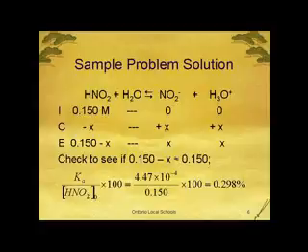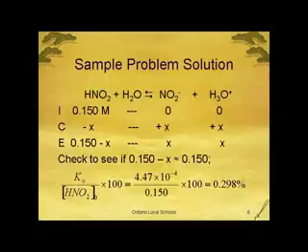A weak acid will act as a Bronsted-Lowry acid, meaning it will act as a proton donor. It will ionize an H+ ion that will be picked up by a water molecule to form H3O+, which is known as the hydronium ion.